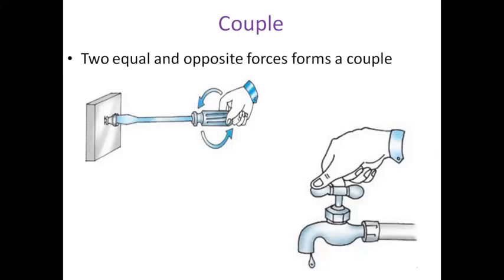With the help of your fingers, you are going to apply equal forces but in opposite direction. Similarly, to open or to close the water tap, again we are using two fingers, but what we need to focus on or observe is that we are applying two equal and opposite forces, right? So this is nothing but a couple. So this was about force system, types of forces and moments.